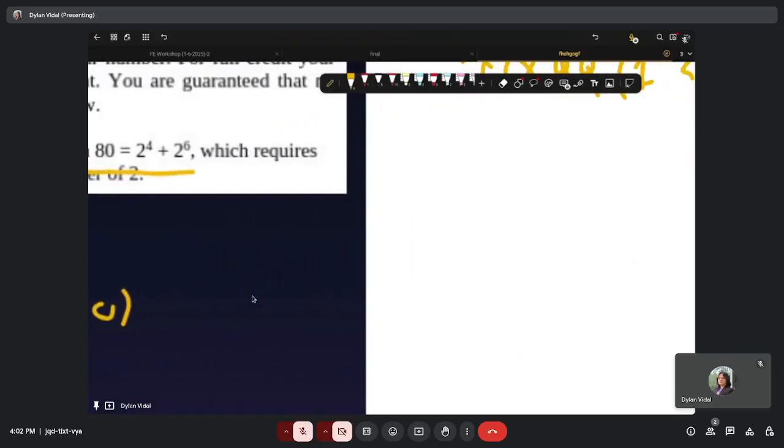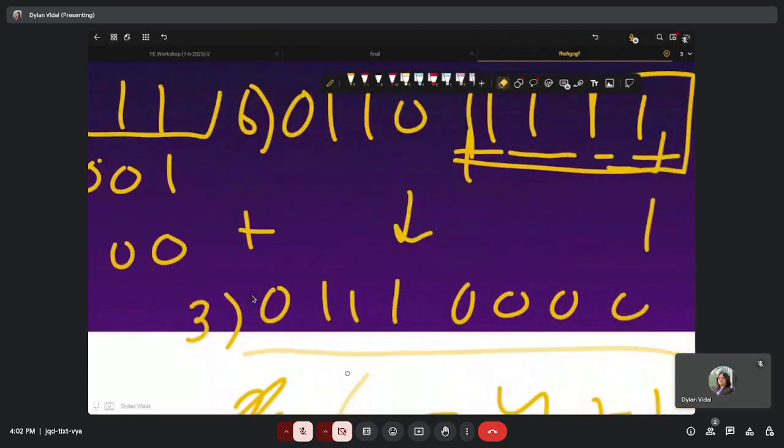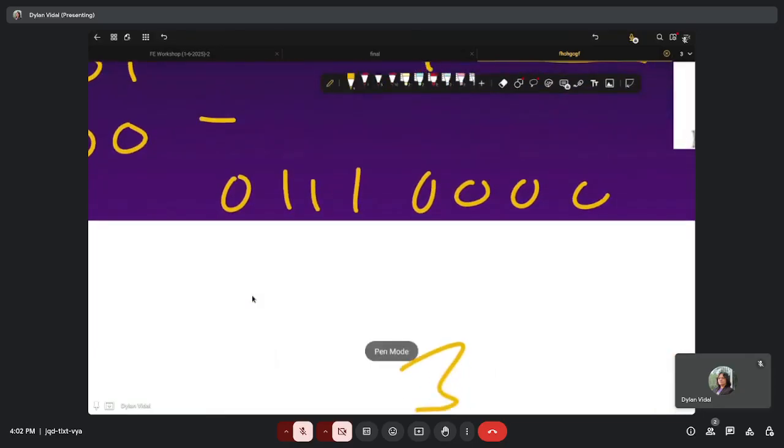So the way that works is, imagine we have this number right here, and we do 1 left shifted by i, AND x.